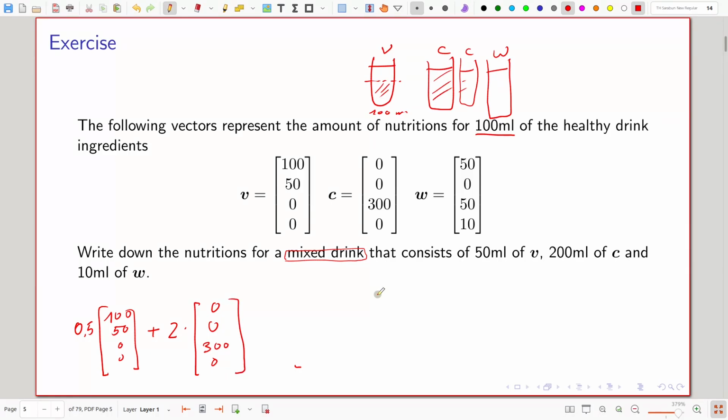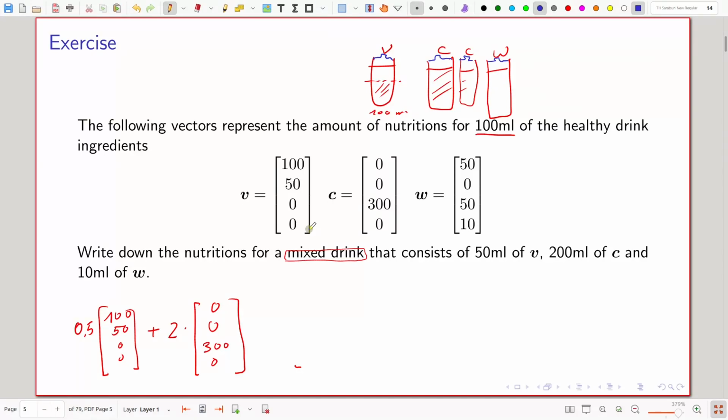Each of these numbers is a representation of the nutrition inside one bottle of each drink. So we have four numbers.